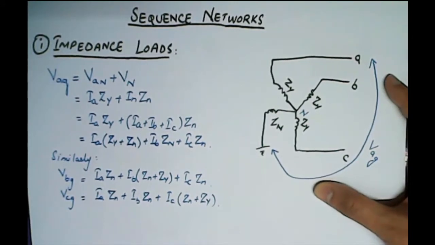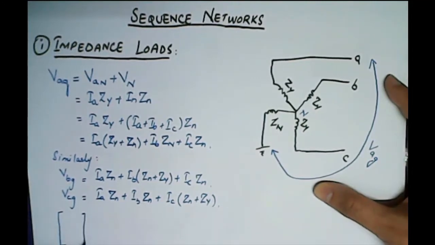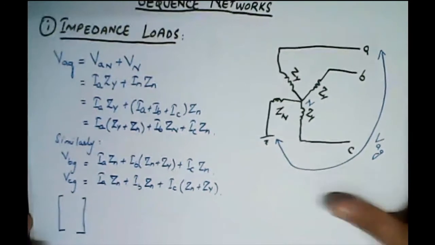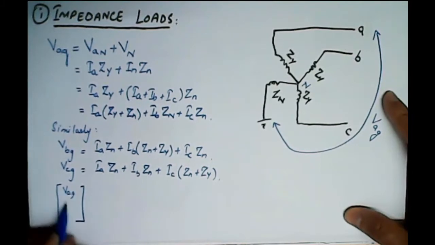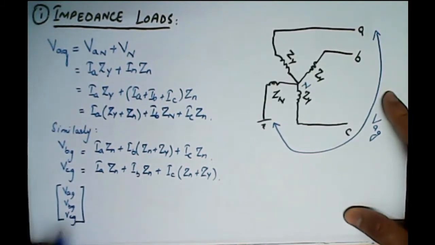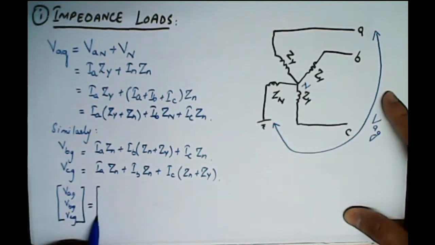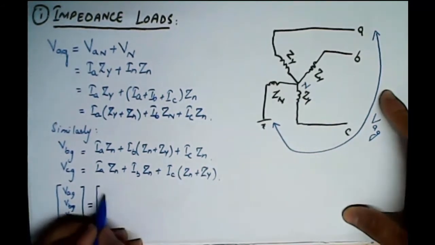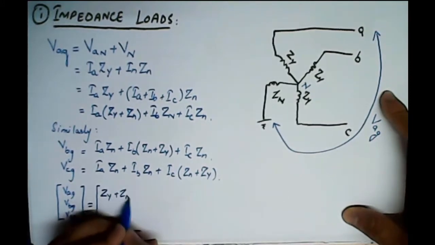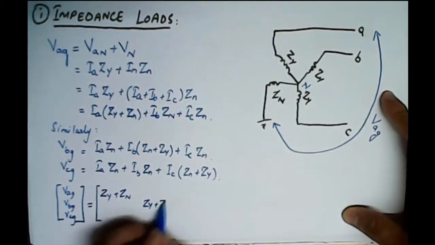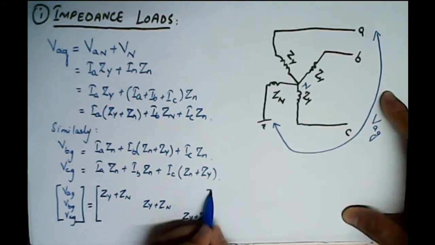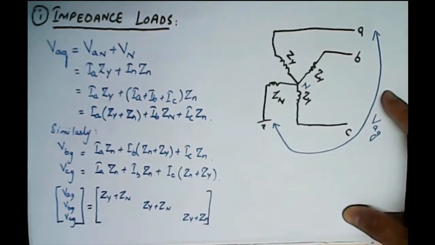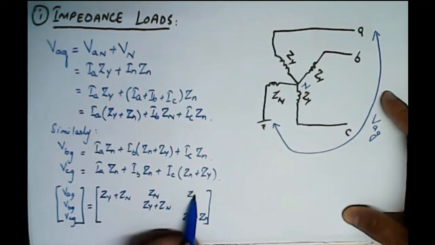So we can write it in the matrix form as VA to ground, VB to ground, VC to ground equals the matrix where the diagonal elements are Zy plus Zn, then the non-diagonal elements are all Zn.